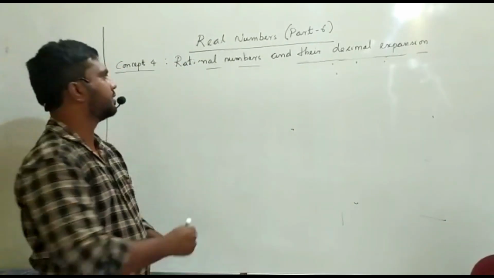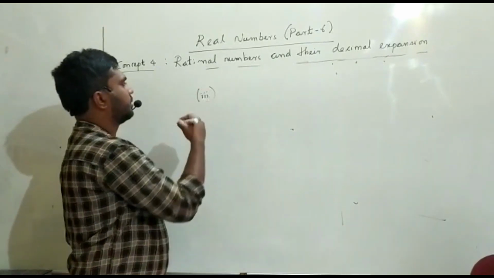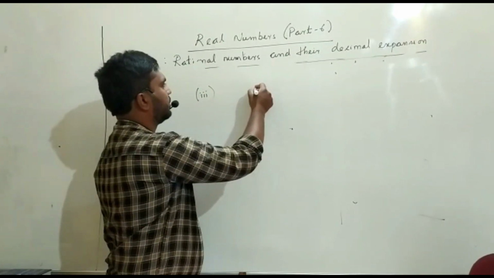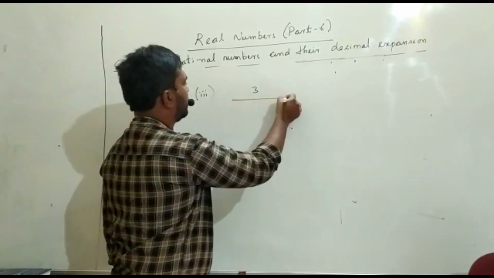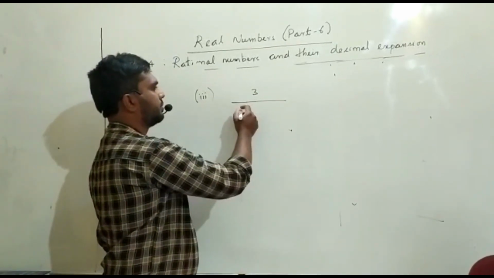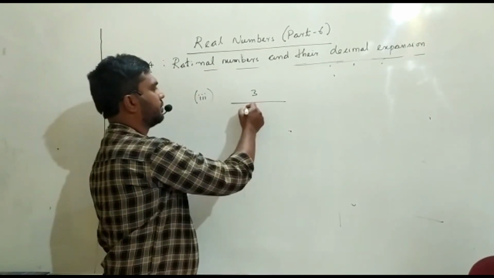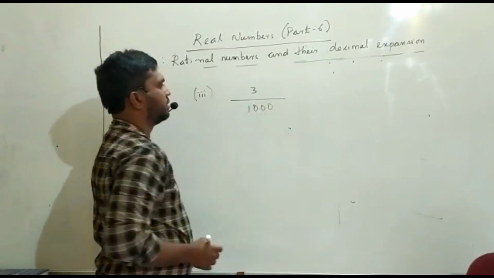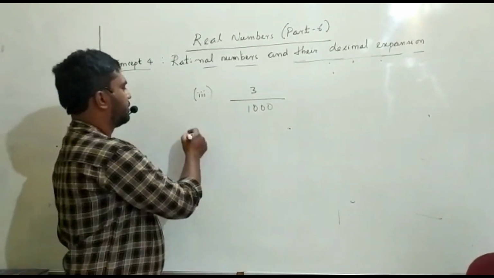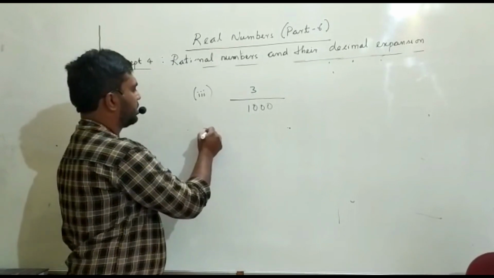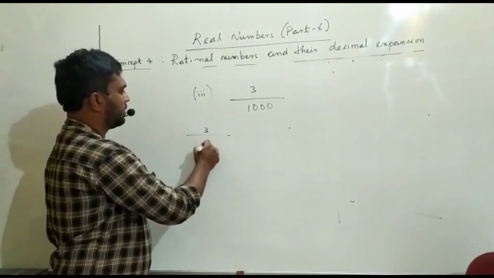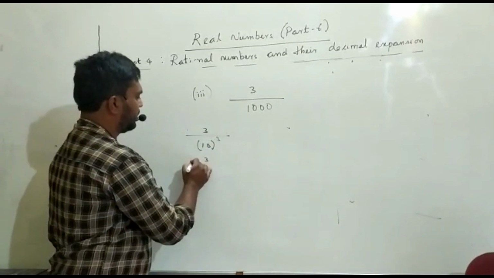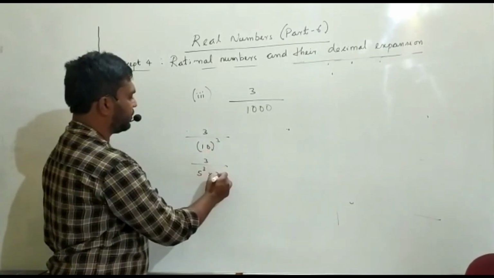One more example we'll take: 3 divided by 1000. 1000 can be written as 10 cube, and 10 cube can be written as 5 cube into 2 cube.